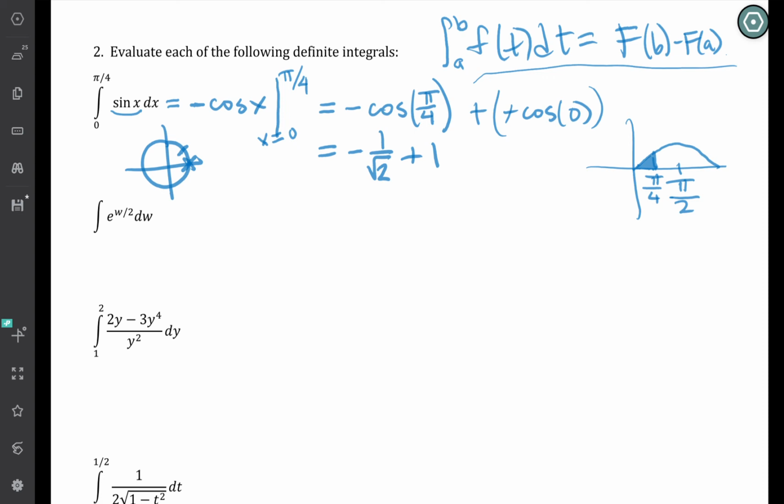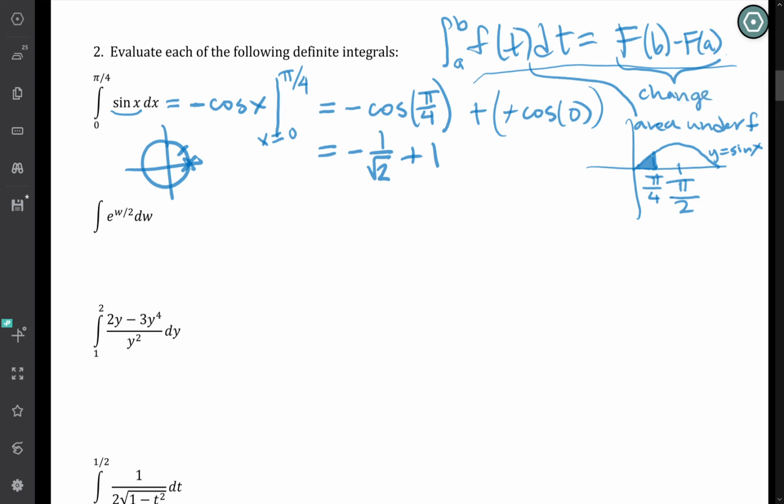Okay, one more thing I think I want to point out. So this represents area under little f, right? This is still our original function, y equals sine x. This represents the change in y for the antiderivative.